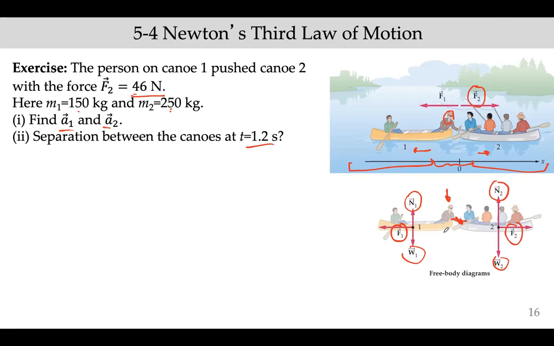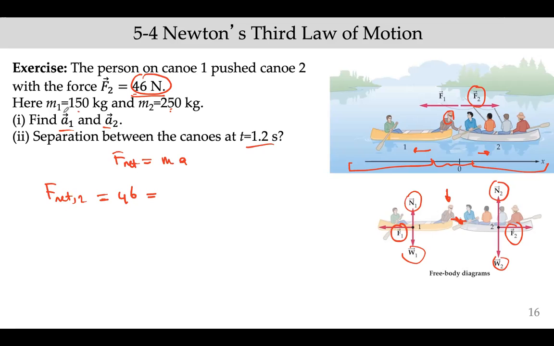Okay, so how are we going to find the accelerations? Well, we will write F net equals ma for canoe 1 and canoe 2. So let's do it for canoe 2. F net on the second canoe is given in the problem, it's 46 newtons.